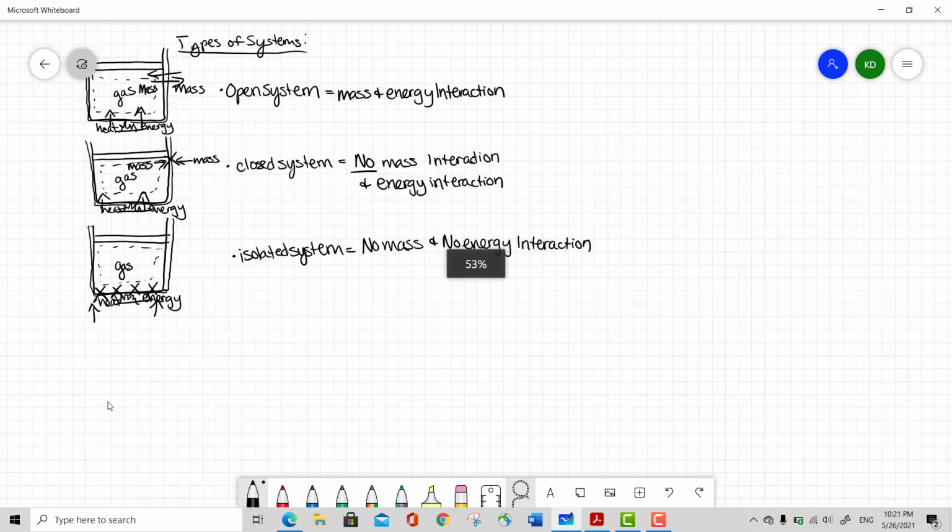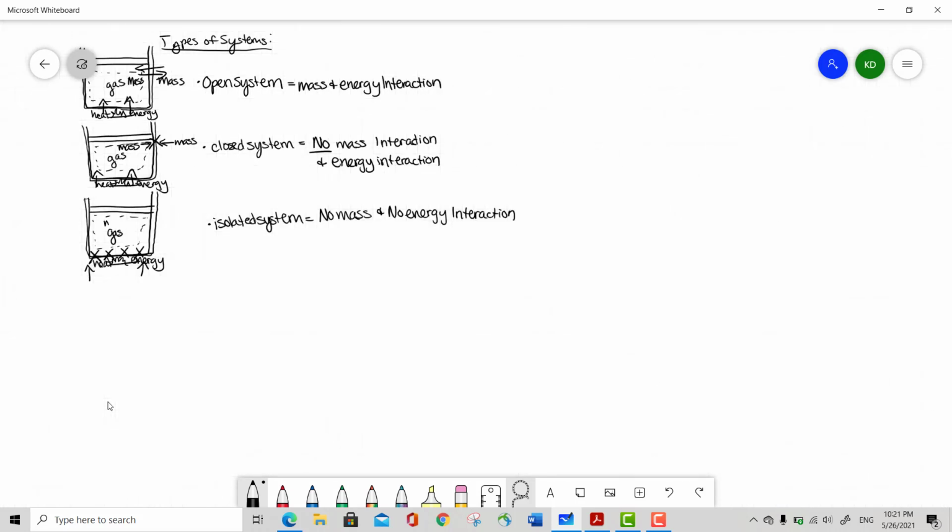You have mass, that is going, no interaction. So you have no mass and no energy interaction. And then we talked about the boundary a little bit, so let's just go ahead and do a schematic of the parts and all the players.